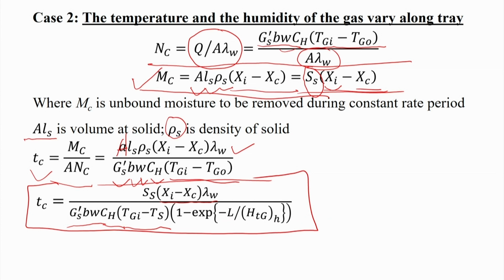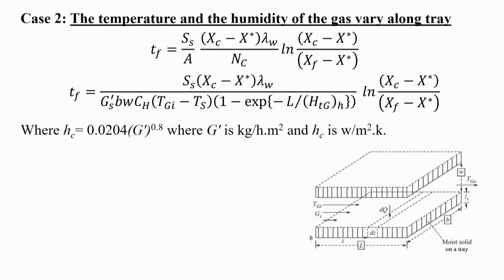That is the constant drying time for the constant drying rate period. Then for the falling rate period, we will follow the same formula, where Nc will be written in this form.